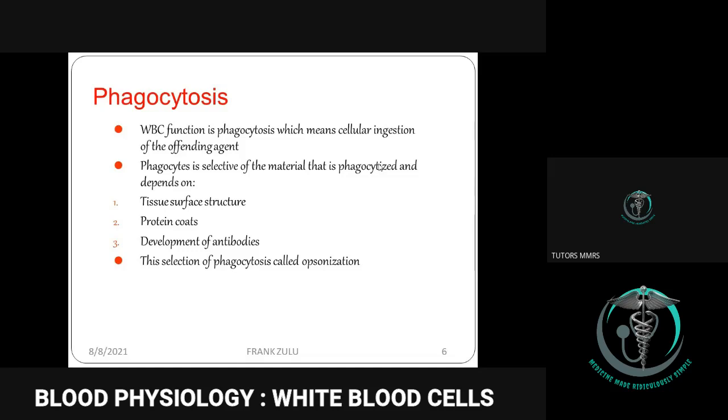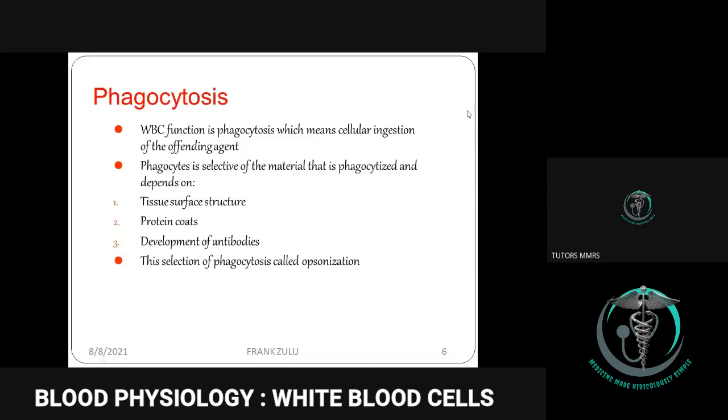In fact, there is a condition where you don't have a specific granule that can break down a certain microorganism. So when the phagocyte engulfs the microorganism, it just accumulates in that phagocyte.